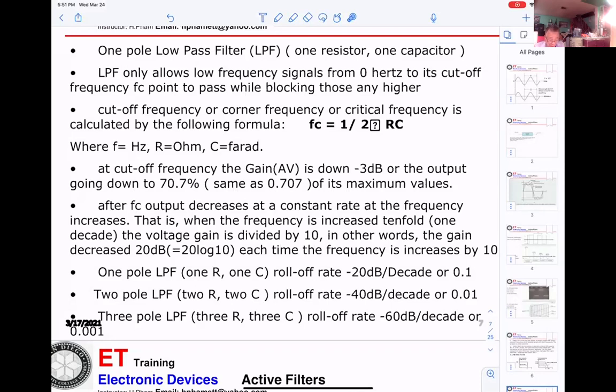An LPF only allows low frequency signals from 0 hertz to its cutoff frequency FC to pass, while blocking any higher frequencies. The cutoff frequency, or corner frequency, or critical frequency, is calculated by the formula FC equals 1 over 2 pi RC.